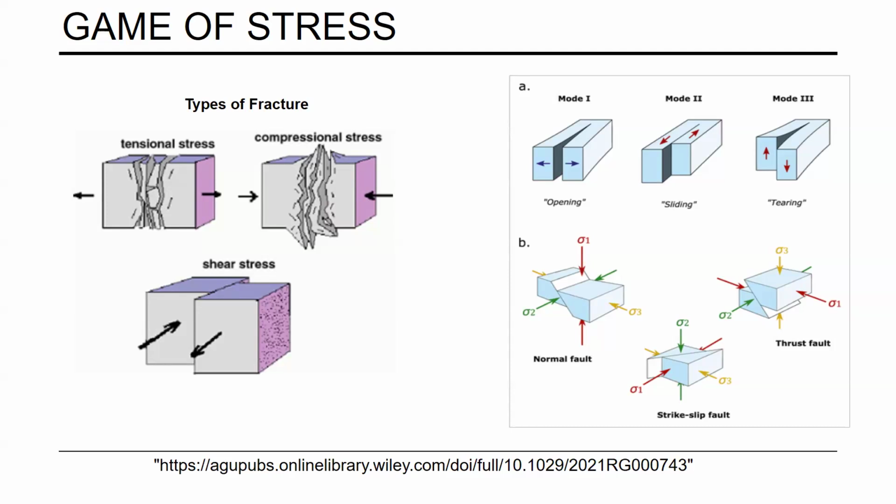Now, if you look at the tensional stress and the normal fault, you can have an idea: when there is a tensional stress, sigma 1 is acting on the top, right? Similarly, when you are looking at the compressional stress, you will have a thrust fault. And when you are looking at the strike slip fault, you are going to have shear stress.